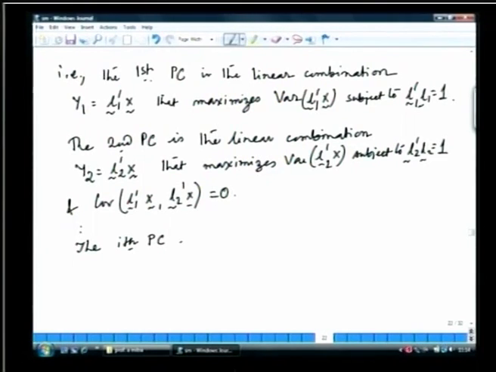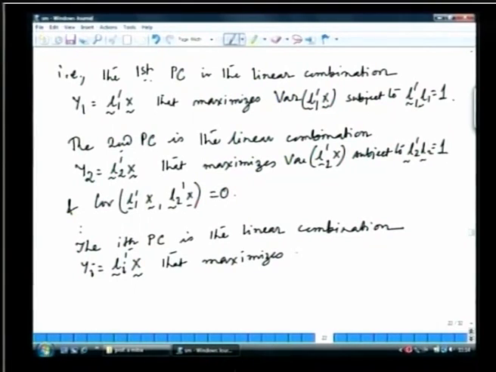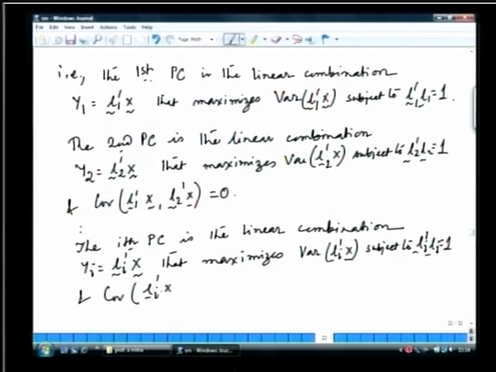The ith principal component is the linear combination yi is Li transpose x, that maximizes the variance of Li transpose x, subject to, as before, Li transpose Li equal to 1, and covariance between Li x with some Lk x equal to 0, and now this has to be true for all k less than i.